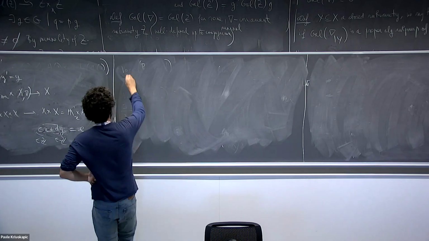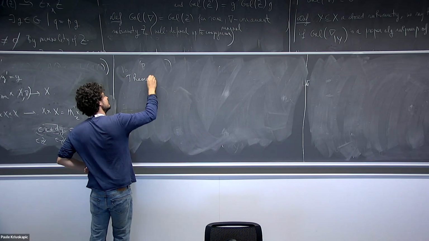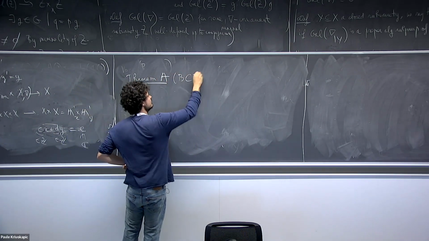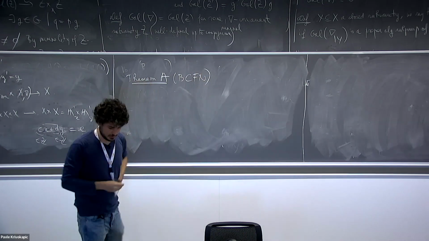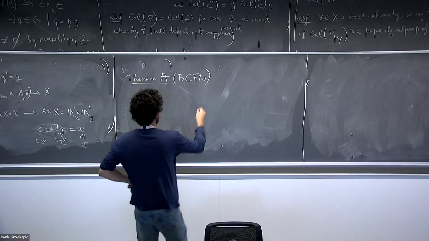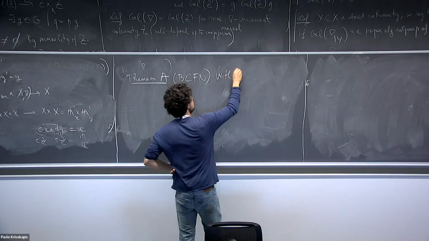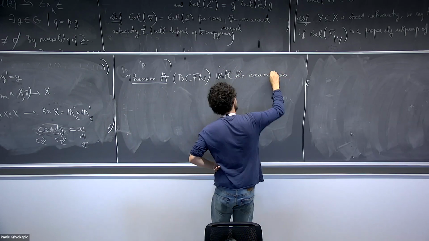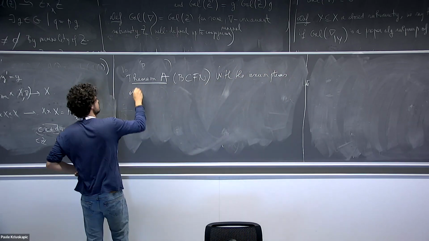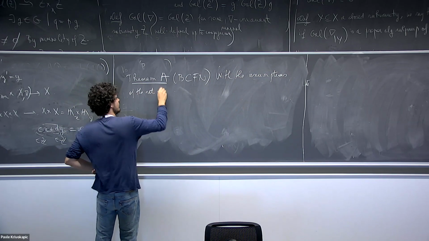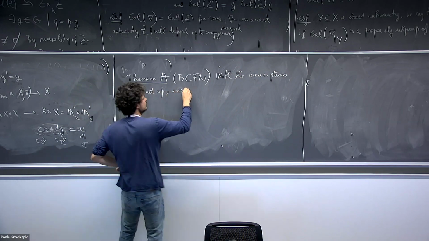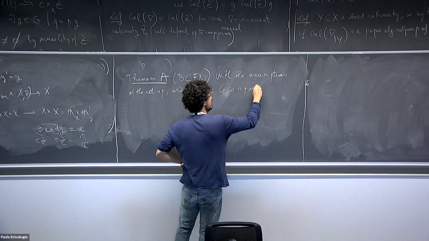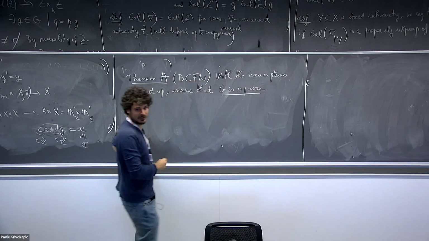So the main theorem that I want to explain, which is Theorem A of their paper, is with the assumptions of the setup. Assume that G is sparse. I will describe what sparse means just after the theorem.